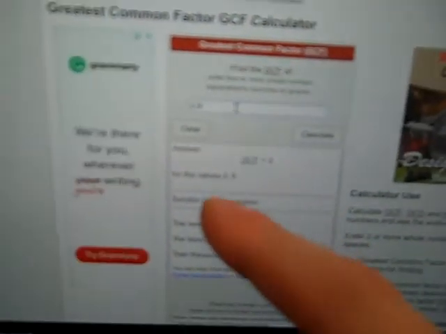But 3 and 9, the GCF is not 1 because they can both be divided by 3. So that now becomes 1x minus 3. So F1, F2, then equals 0. Okay, so 3 times x plus 5 could equal 0, or 1 times x minus 3 could equal 0.